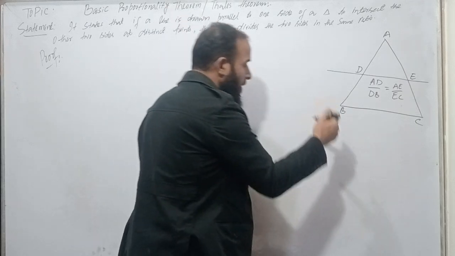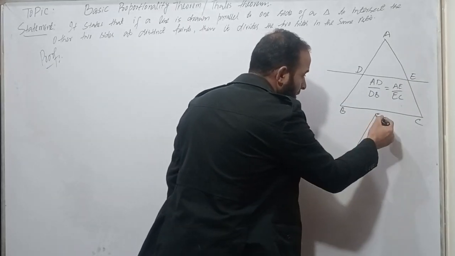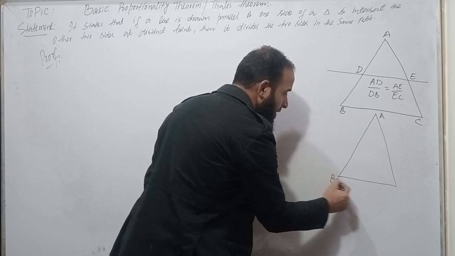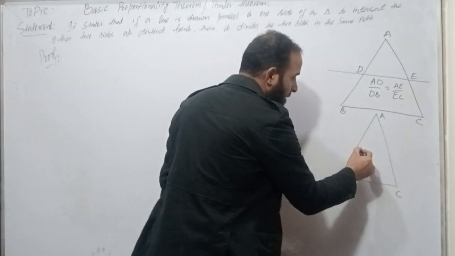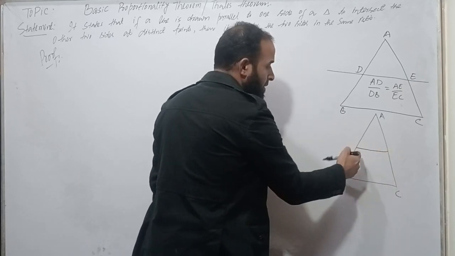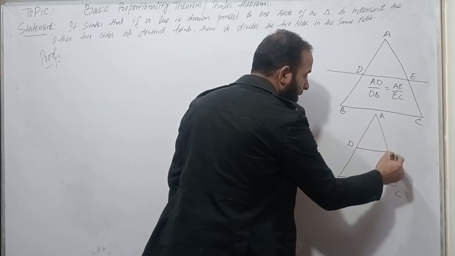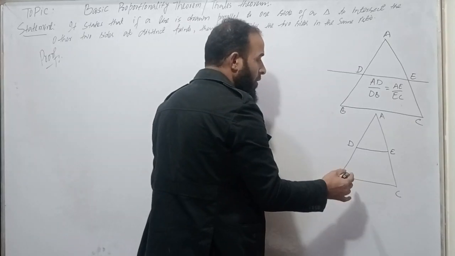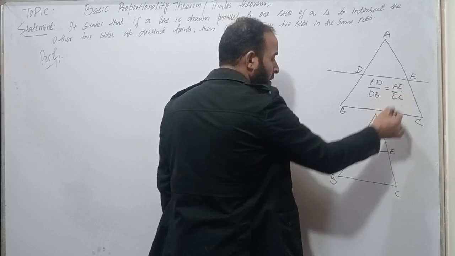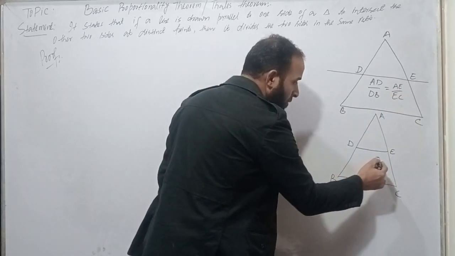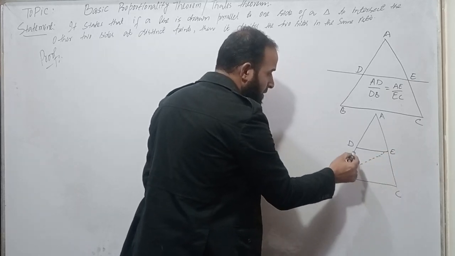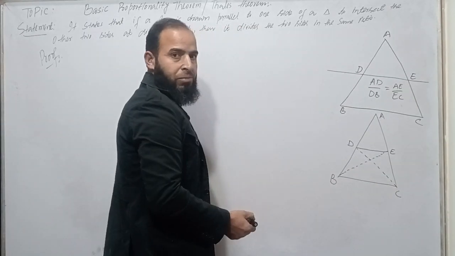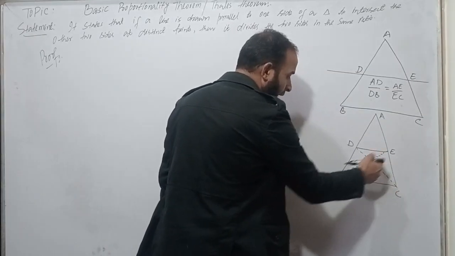Before starting the proof, this is our triangle ABC, and a line intersects AB at D and AC at E. So we have to prove AD over DB is equal to AE over EC. To prove this, we will join BE and DC.